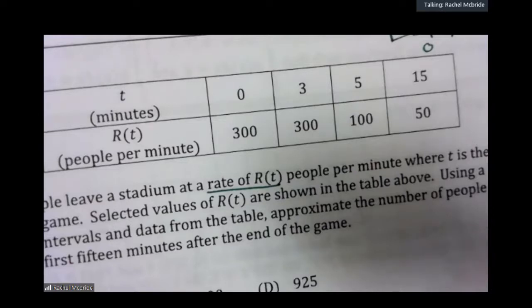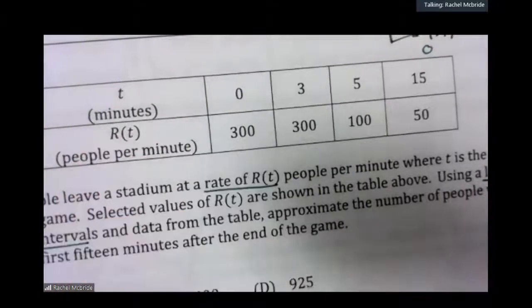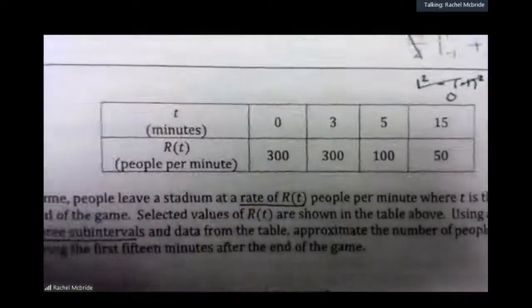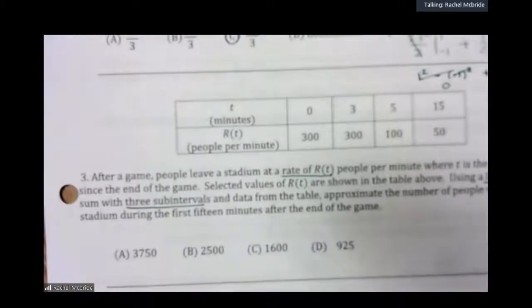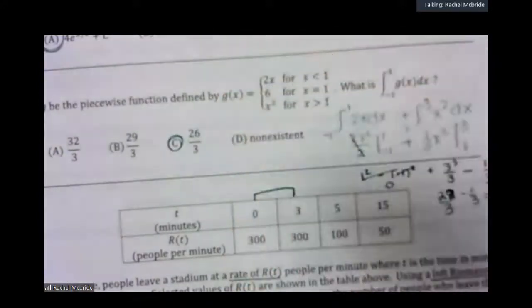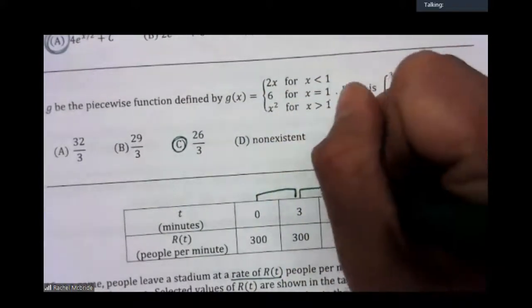Use a left Riemann sum with 3 subintervals to approximate the number of people who leave the stadium during the first 15 minutes after the game. So 3 subintervals. Here's interval 1, interval 2, interval 3.